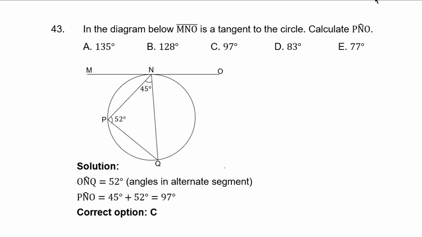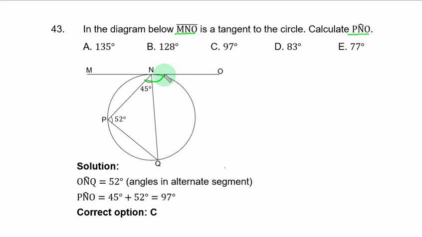Question 43. In the diagram below, MNO is a tangent to the circle. Calculate angle PNO. That is this angle like this, PNO. You know part of it as 45 degrees already.